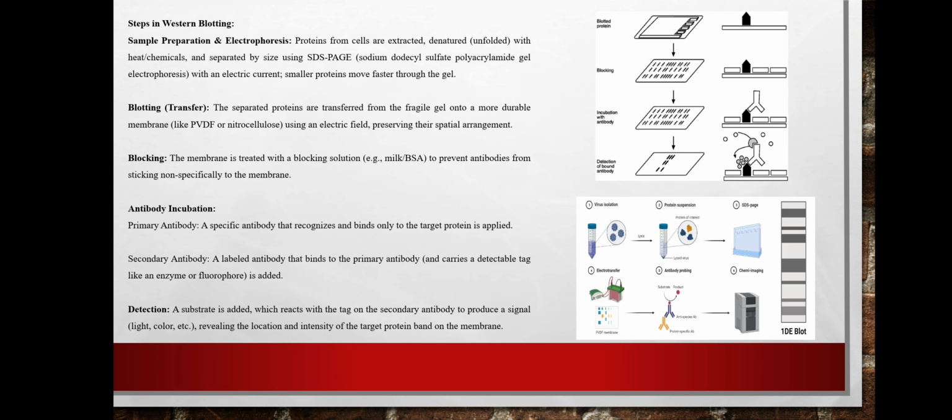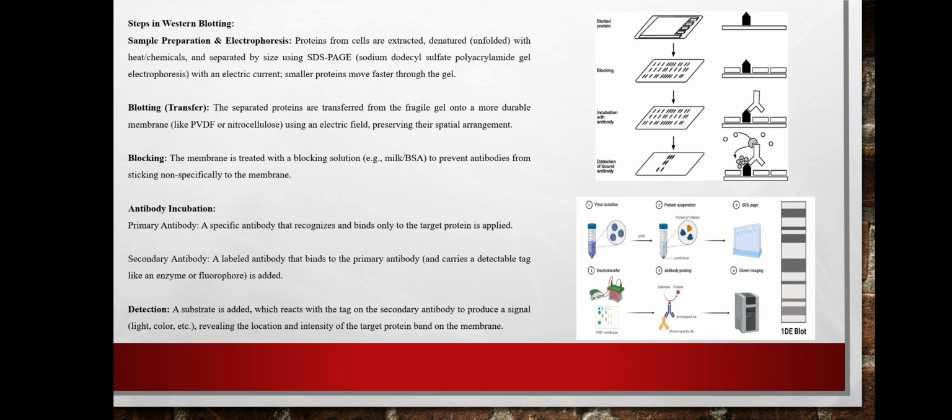So what are the steps? At first, sample preparation, then protein extraction, then proteins are denatured and separated using SDS-PAGE, then blotting, the transfer of the proteins from the gel to a membrane, then blocking.